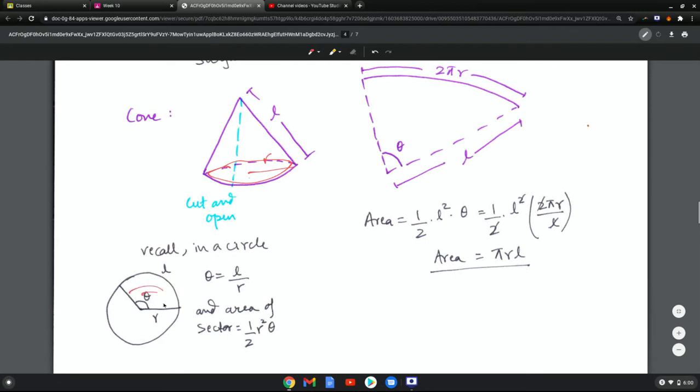And the area of this sector is 1/2 r squared theta. So here the area becomes 1/2, r is L here, L squared theta. Theta is 2 pi r over L. The L's cancel out and the area becomes pi r L. This is for the cone.